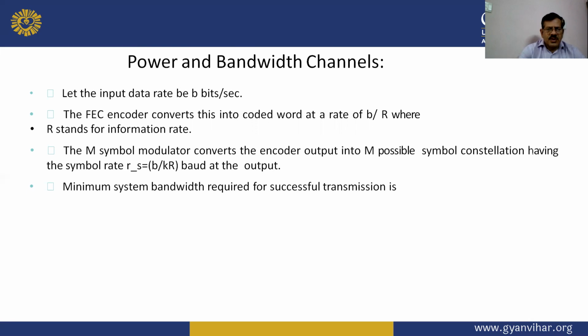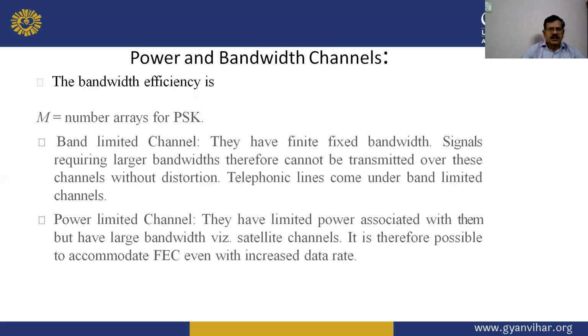So the minimum system bandwidth required for successful transmission is given by the bandwidth efficiency, where M equals the number of levels for PSK.